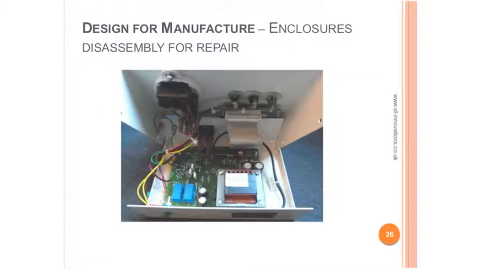So this is a product which was a nightmare to disassemble because there were sockets, switches, and an LCD in the top half, and then a PCB mounted in the bottom half with wires connecting the two.